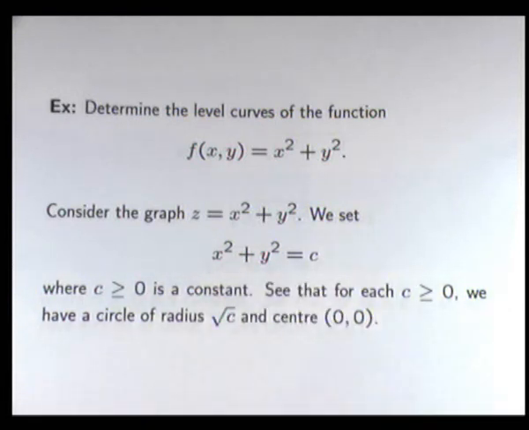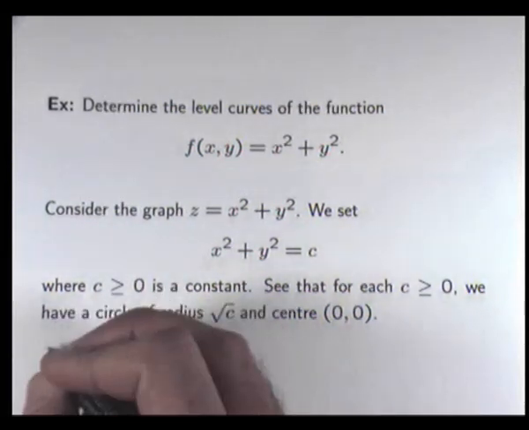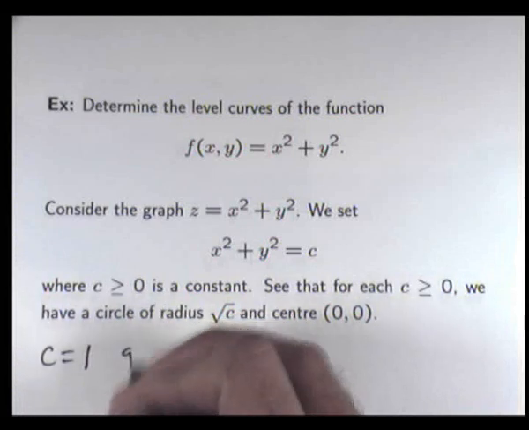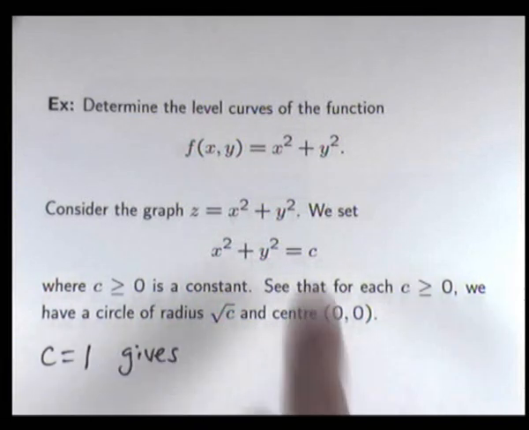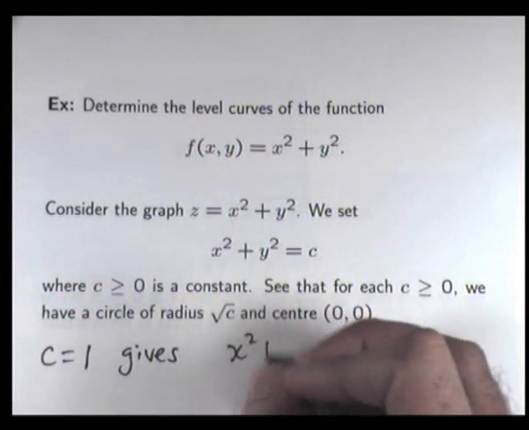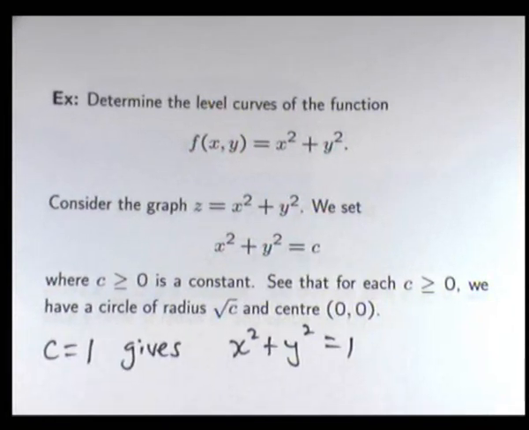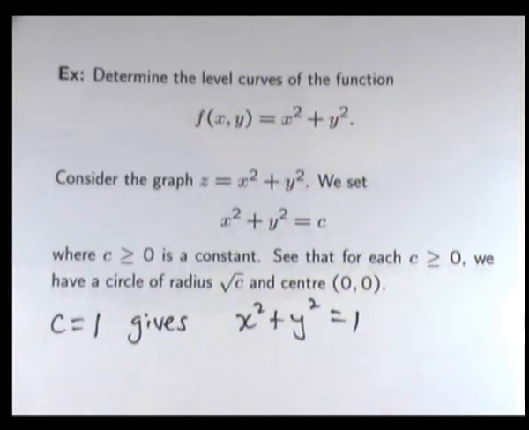So let's put in c equals 1. If I put c equals 1 here, I get x squared plus y squared equals 1, which is a circle, centre at the origin, and radius 1.